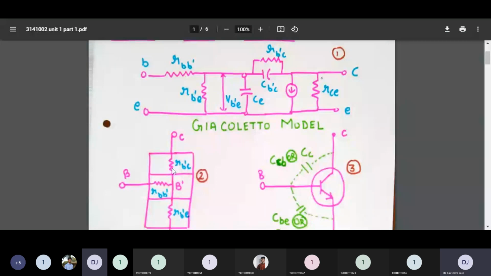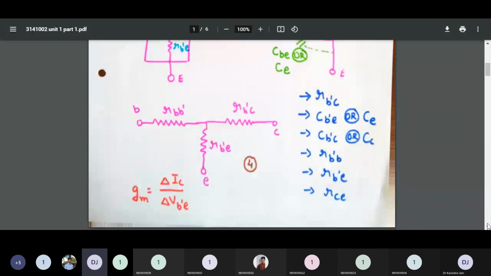Similarly, when a PN junction diode is forward biased, a capacitive effect is present, which is known as diffusion capacitance. This capacitive effect of the forward biased BE junction is referred to as C B dash E, or commonly known as CE, as you can see in figure number 3.